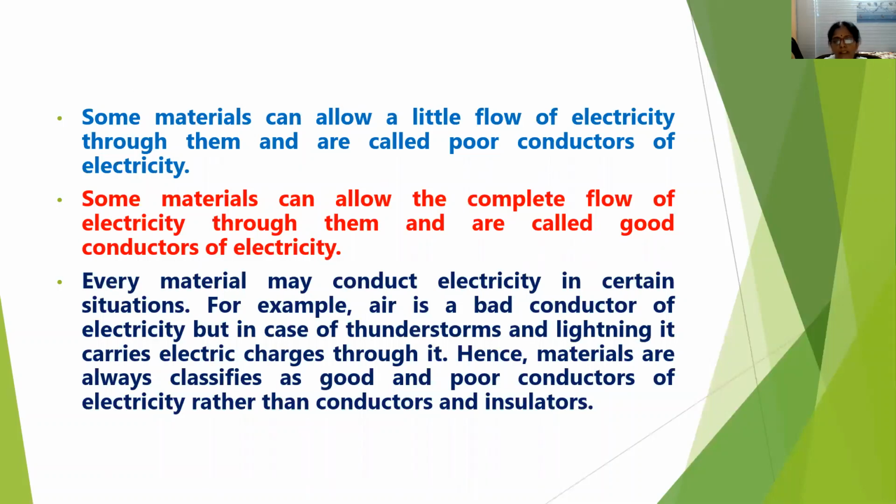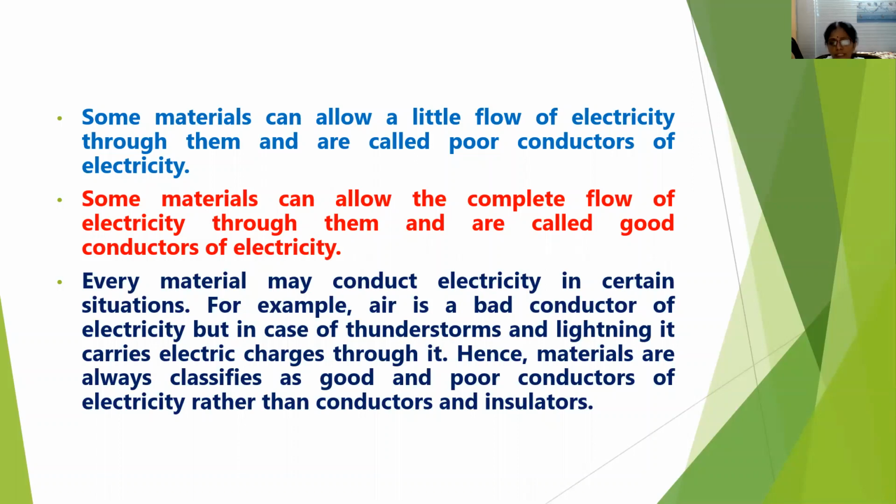Now, some materials that can allow only little flow of electricity through them are called poor conductors of electricity, and some materials that can allow the complete flow of electricity through them are called good conductors of electricity. Every material may conduct electricity in certain situations.